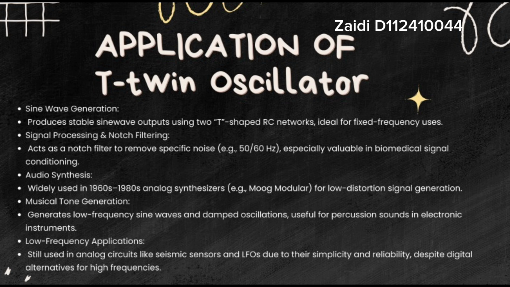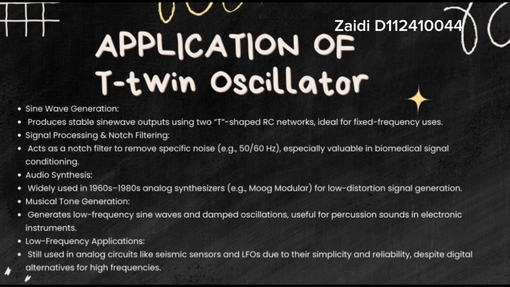They are also used in musical instruments to produce low frequency tones and dampened oscillation, which are great for simulating percussion sounds. Even though digital solutions have taken over in many areas, twin-T oscillators are still widely used in low-frequency analog applications like seismic sensors and LFOs because of their simplicity, stability, and low cost.